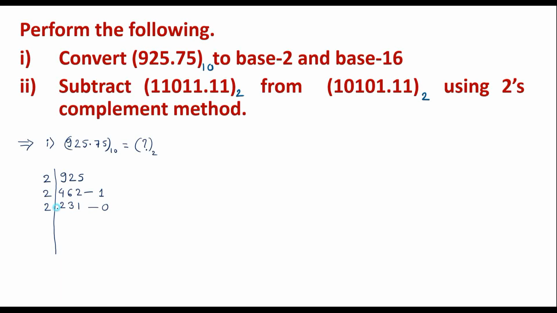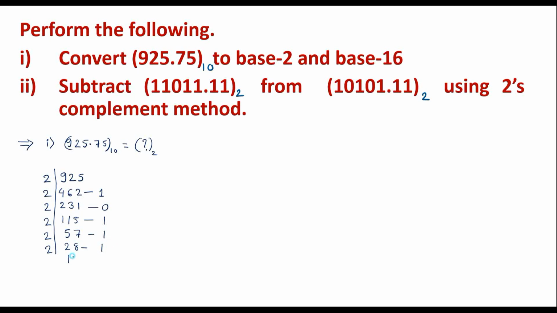Further divide this by 2, remainder is 1. Further divide it by 2, 2 5s are 10, 1 15, 2 7s are 14, remainder is 1. Further divide by 2, 2 2s are 4, 1 17, 2 8s are 16, remainder is 1.